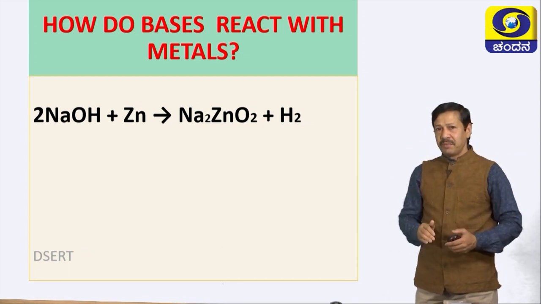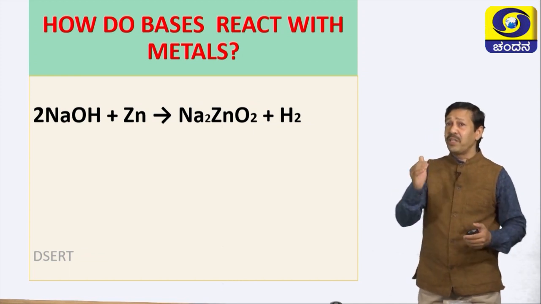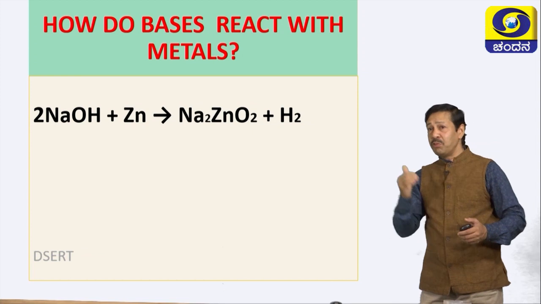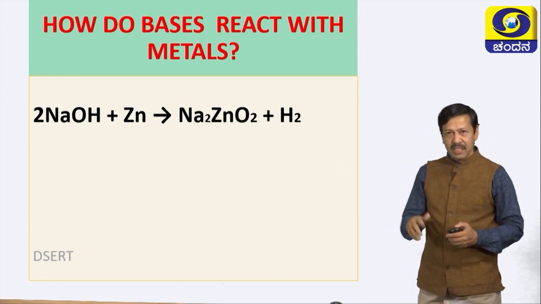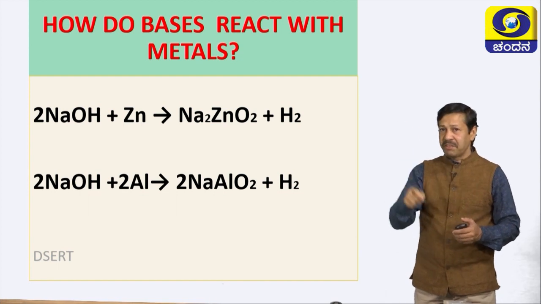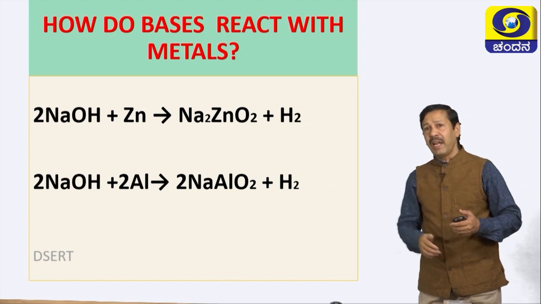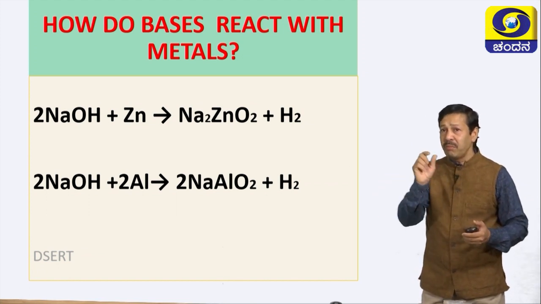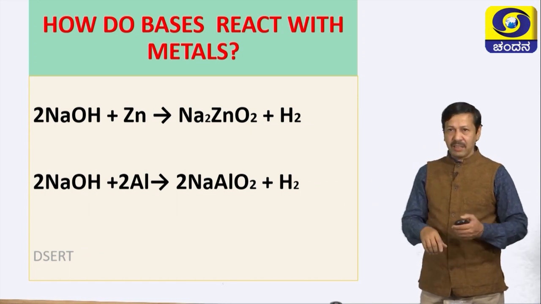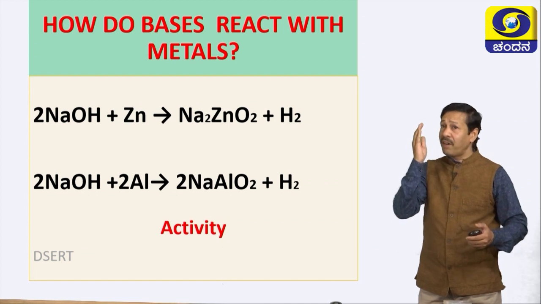Sodium hydroxide reacts with zinc and produces sodium zincate with the evolution of hydrogen gas. Similarly, aluminum reacts with sodium hydroxide, a base, to form NaAlO2, sodium aluminate, which is the salt, plus hydrogen gas.